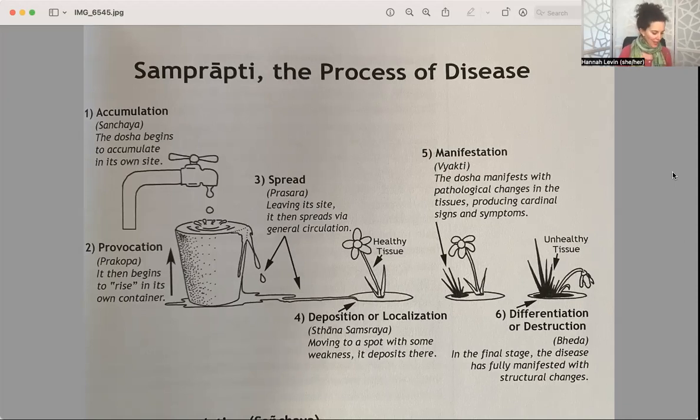I digress. So at this stage, the accumulation stage, the individual is still quite healthy. And when a dosha begins to build, the body's intelligence creates an aversion to the causal factor and a craving for the opposite qualities, both of which help restore balance. So this is when we tend to have healthy cravings.